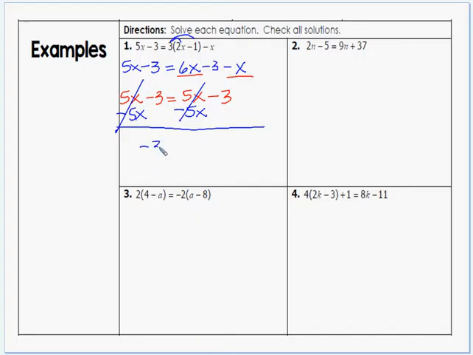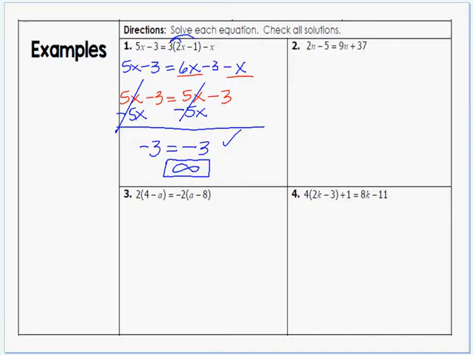So now, when we drop down our numbers, we get that negative 3 is equal to negative 3. And this is true. This checks out. So our answer would be infinitely many solutions, or we can use our infinity symbol to show that as well. Whether you want to write it out or use the symbol, either way, we're giving that answer.